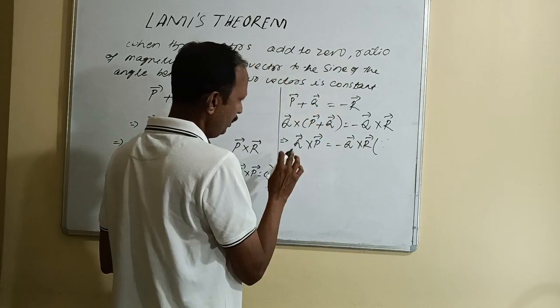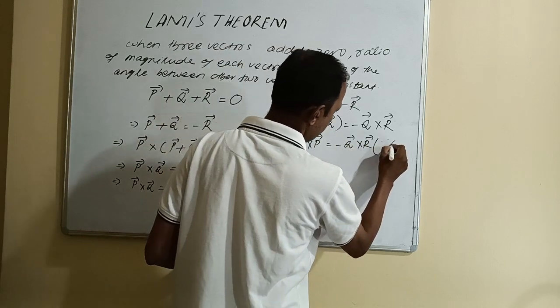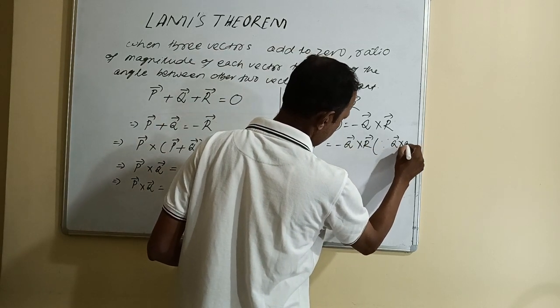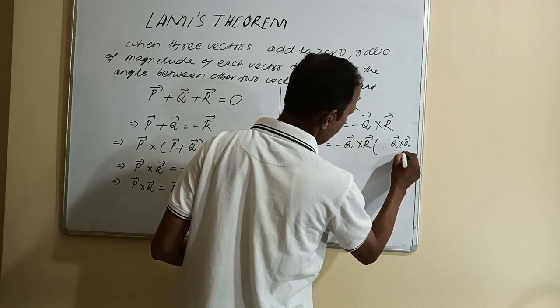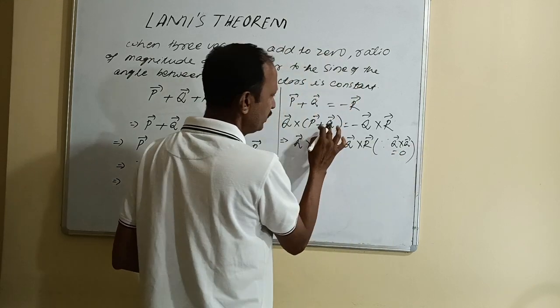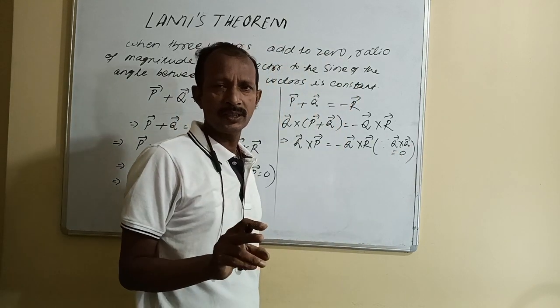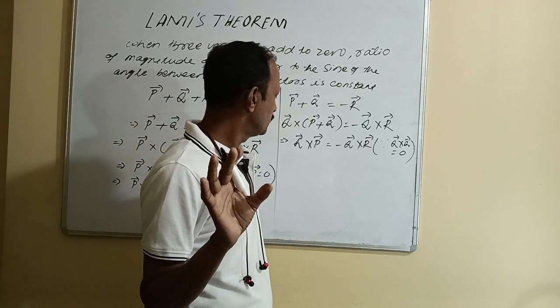Since Q cross Q is equal to 0 because the angle between them is 0. We know that sin 0 degree is equal to 0.